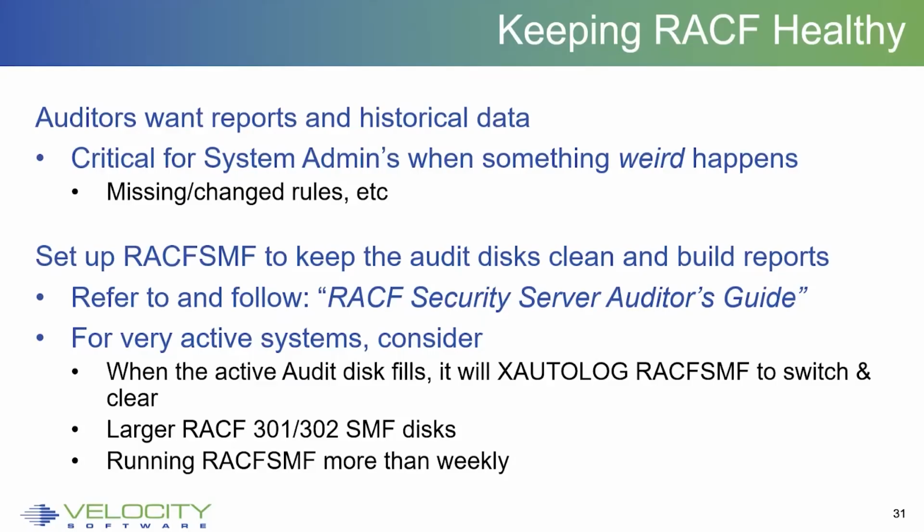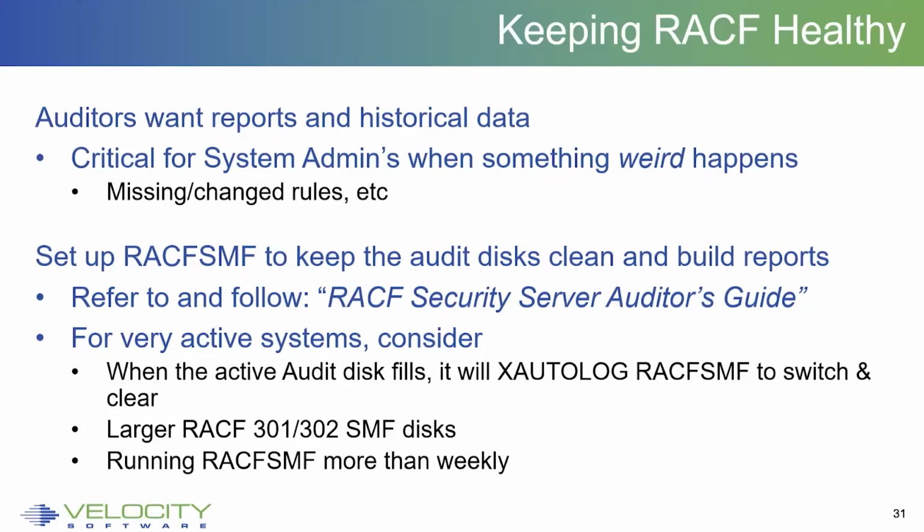If the audit disk fills, RACF will automatically start up RACF SMF to switch and clear the audit disks. So there is an active disk and a backup disk. And if one fills, RACF will attempt to switch the audit disks so that it can continue to audit the activity in the RACF user ID.